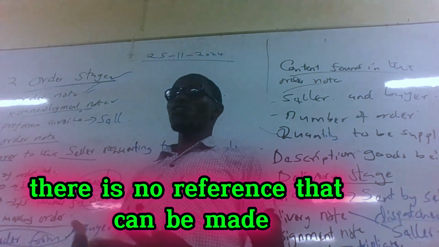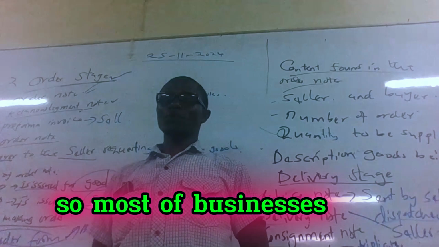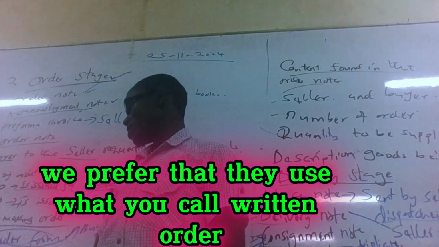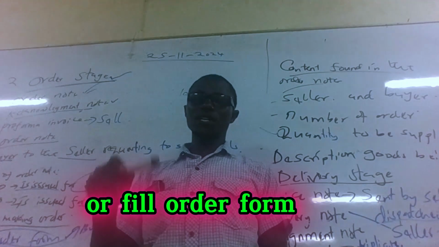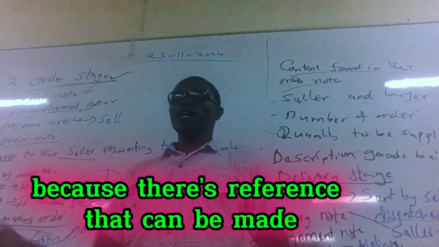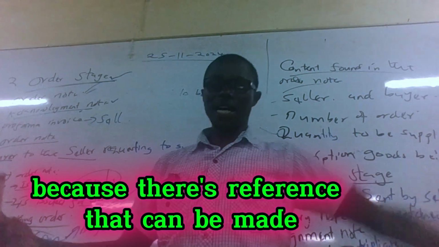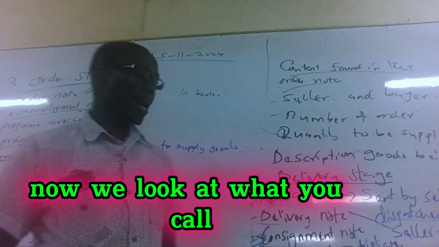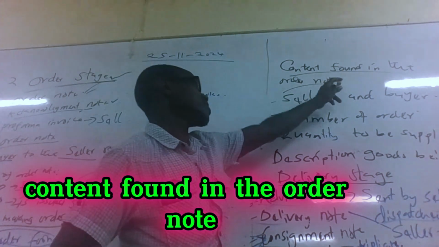There is no reference that can be made. So most businesses prefer that they use what we call a written order or fill an order form because there is reference that can be made and there is accountability.